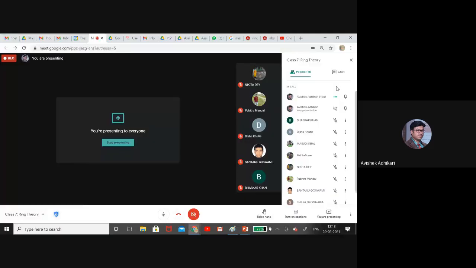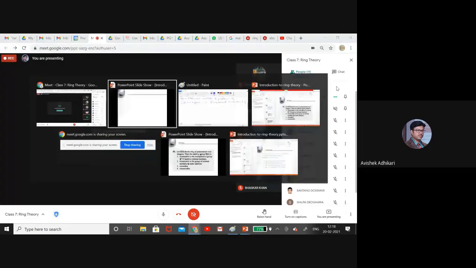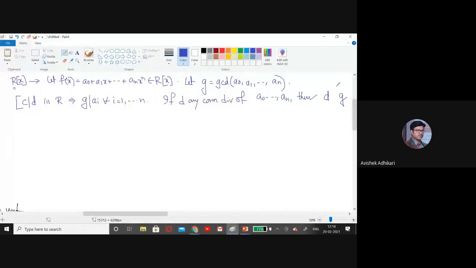Of course, D is going to divide G. That's why G is the maximum one. If this happens, then we call G the greatest common divisor of a0 to an.